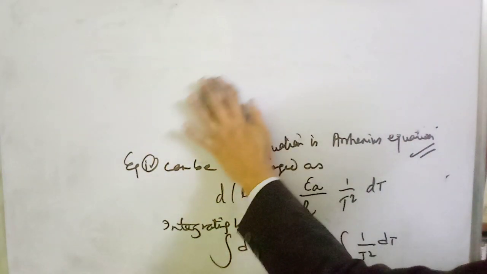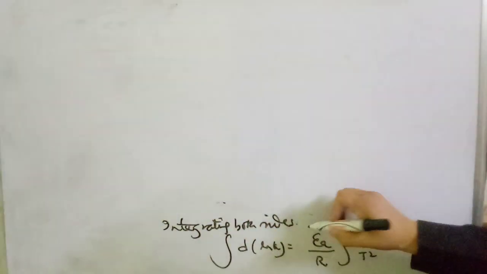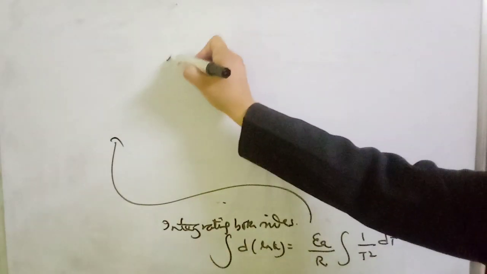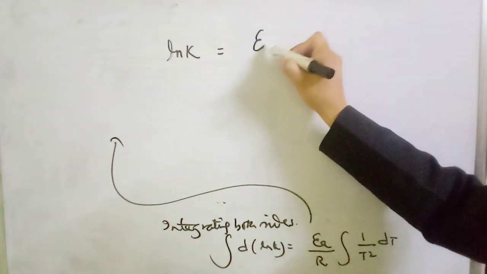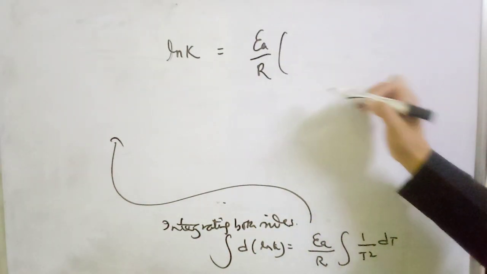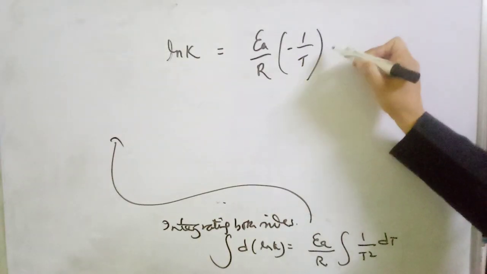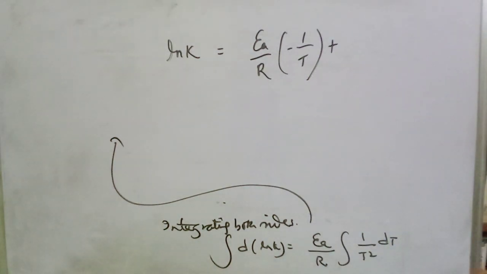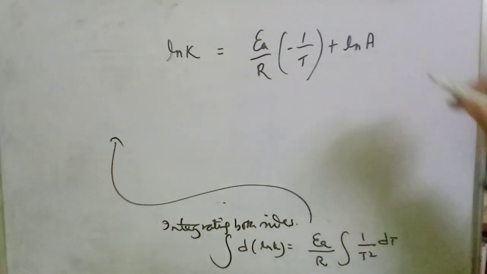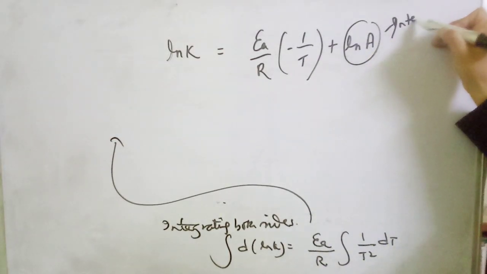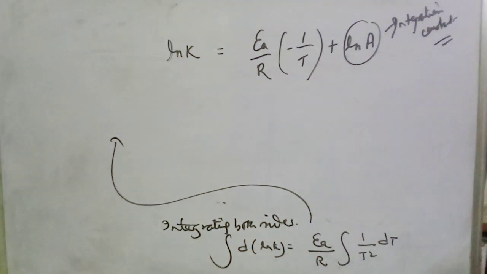So what is the integration value of this one? After integrating, you can get ln k equals EA upon R, and the integration of 1 upon T square is minus 1 upon T, plus ln A. A is our integration constant, which we have introduced here.